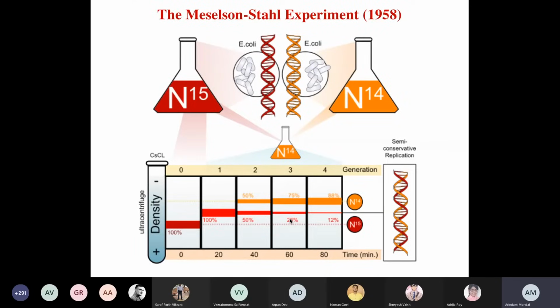Later, the same experiment was performed for other organisms as well, to show that they also follow a similar approach. Whenever DNA replication happens in any living organism, it should follow the semi-conservative mode of DNA replication.